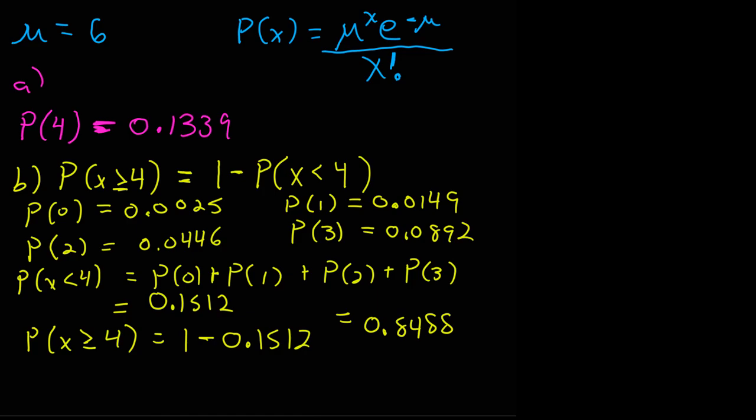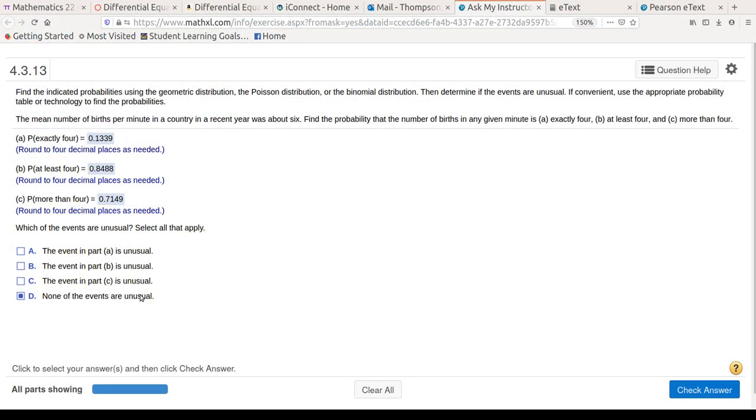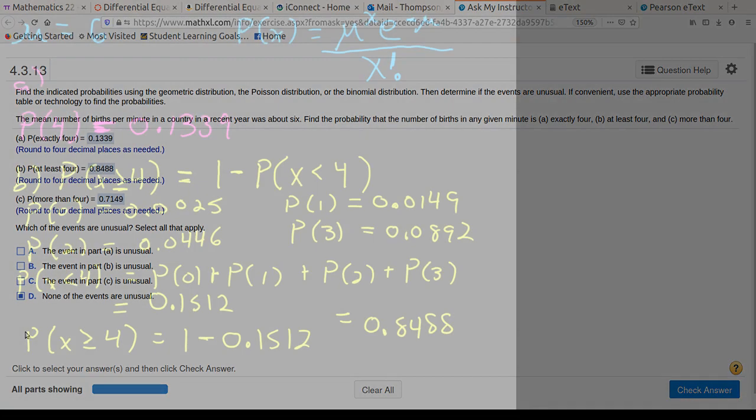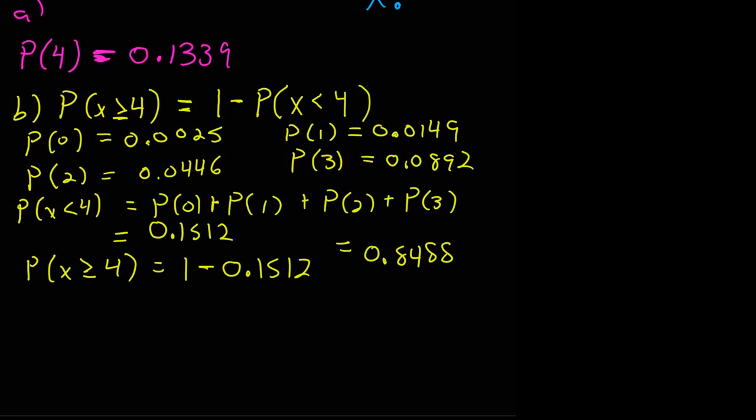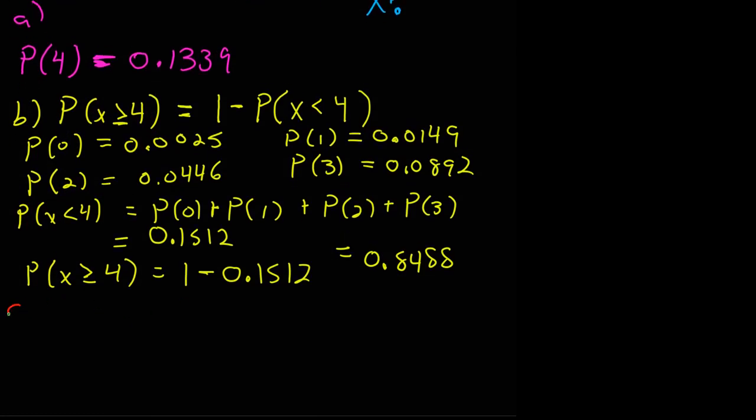All right, and to go to the last part of this question, which says more than 4. So for more than 4, we're going to change our probability here. I'm going to pull this down so we can see these. So C says the probability more than 4. So it doesn't include 4. This changes the complement calculation that we did here, where I want to include 4.